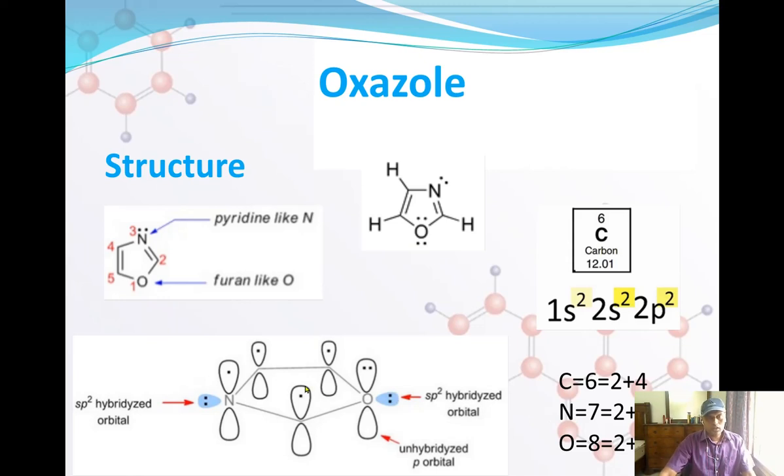So here is the distribution, shown here. If you take the unhybridized p orbitals, the oxygen has got two electrons and nitrogen has got one, and the other three carbons will have one each, so the total is going to be six electrons.